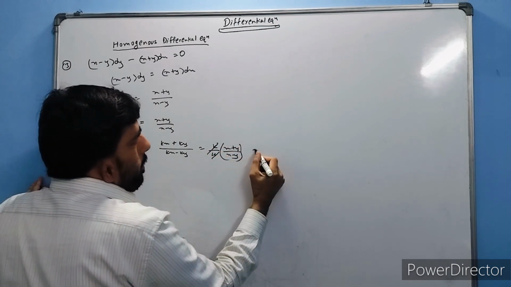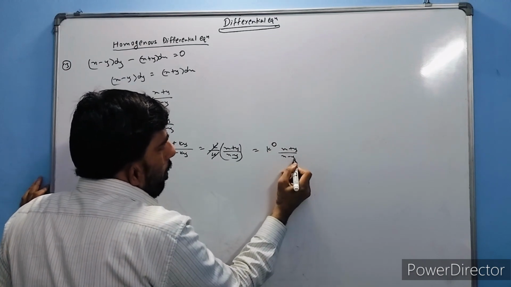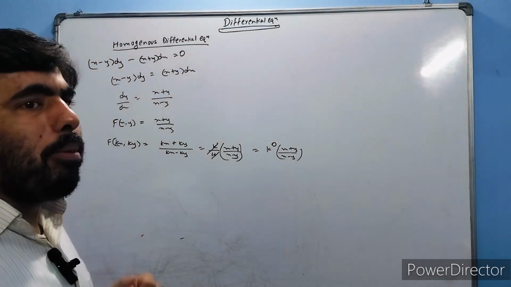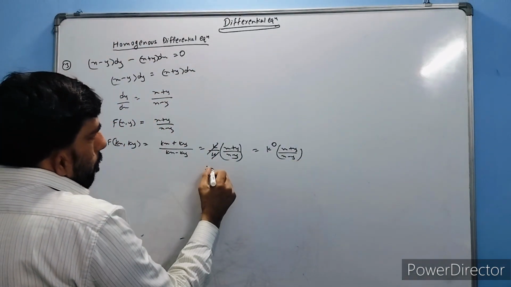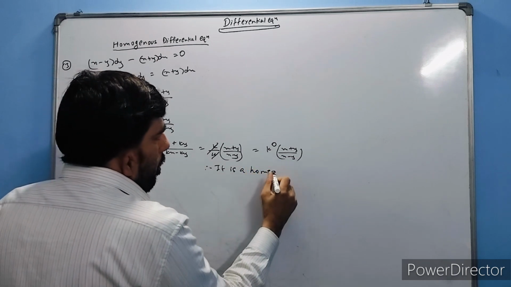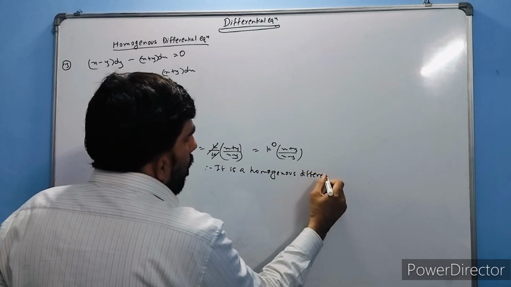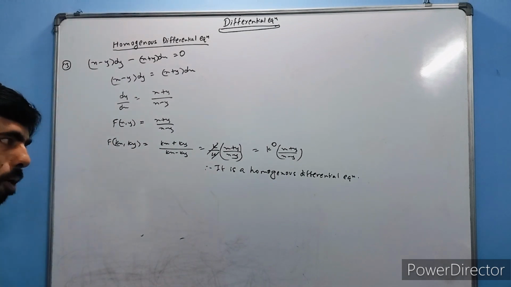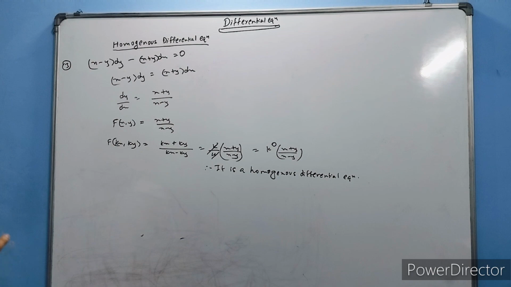So I can write this as k raised power 0 times x plus y upon x minus y, because any variable or number having the power 0 becomes 1. Therefore it is a homogeneous differential equation.